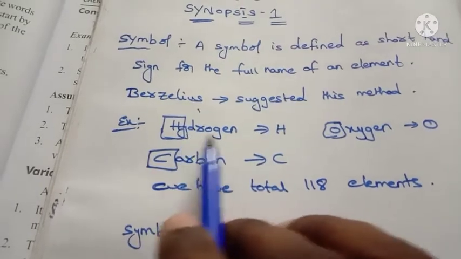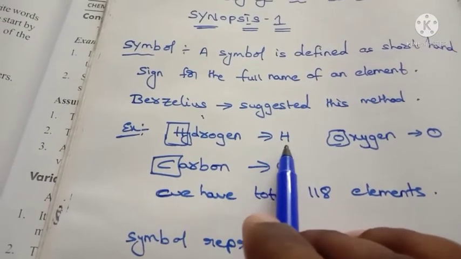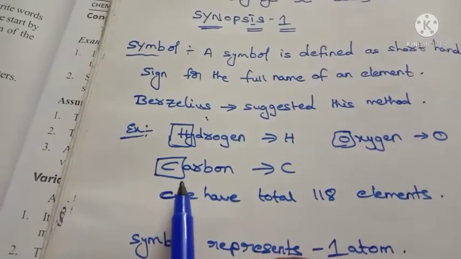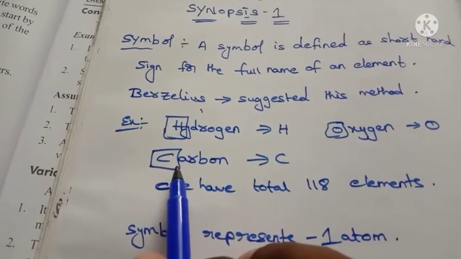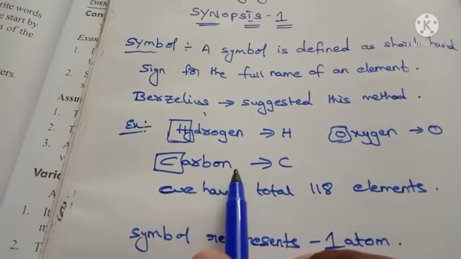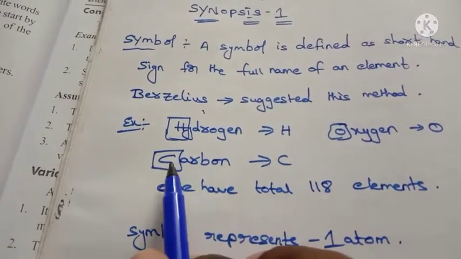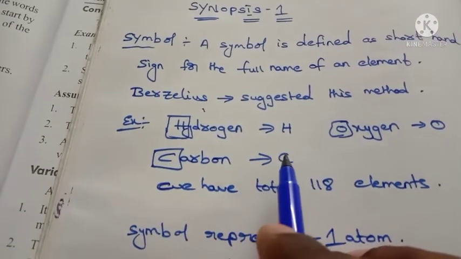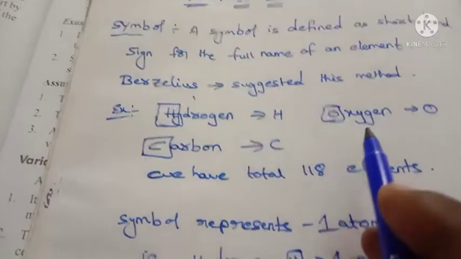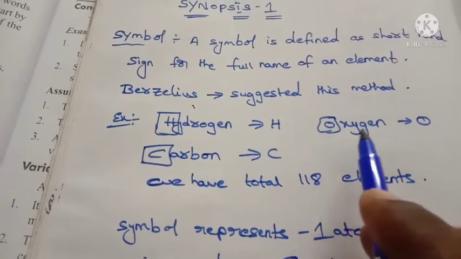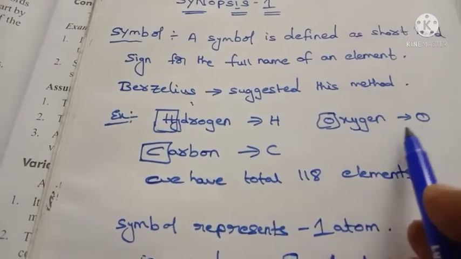Hydrogen is indicated as H, we have taken the first letter. What about the next element, carbon? Here we have taken the first letter, that is C. What about oxygen? Here also we have taken the first letter, that is O.